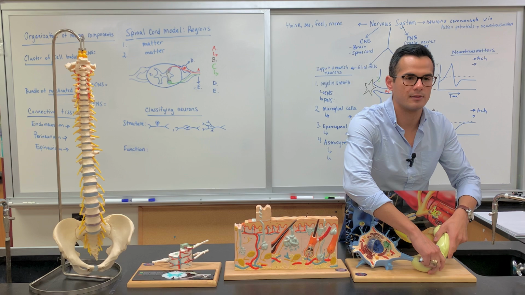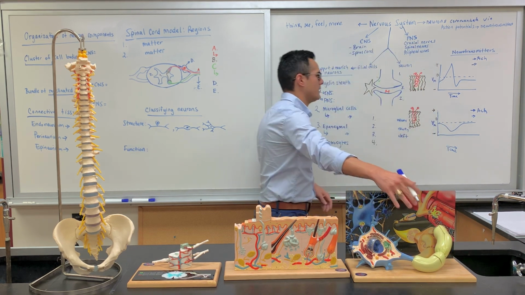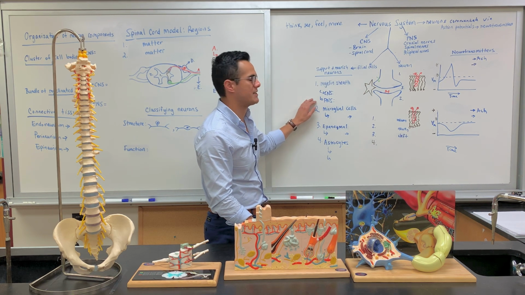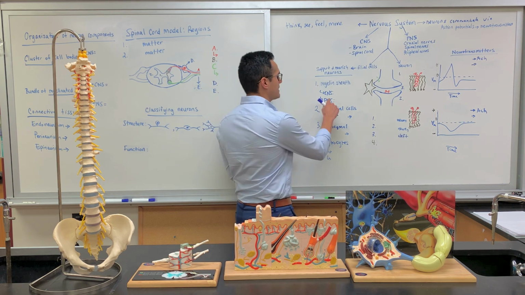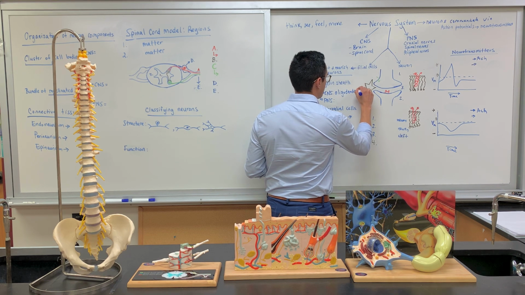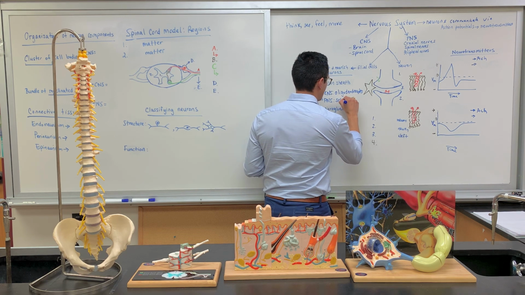This is the myelin sheath. The name of the myelin sheath varies depending on which system you're talking about. For the central nervous system, we know them as oligodendrocytes. For the peripheral nervous system, we know them as the Schwann cells.